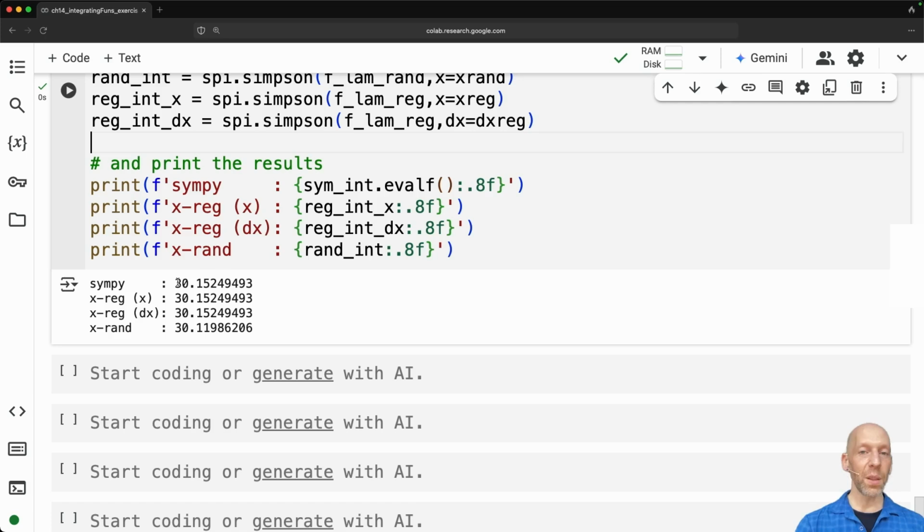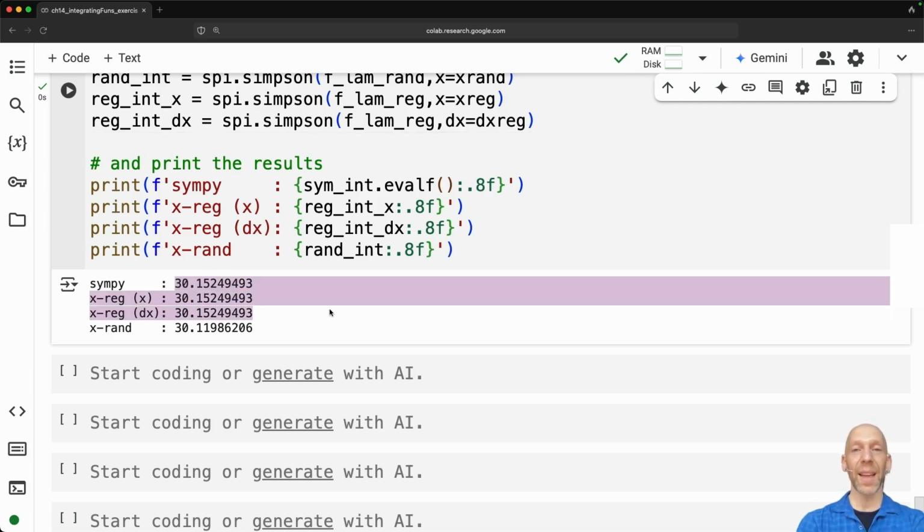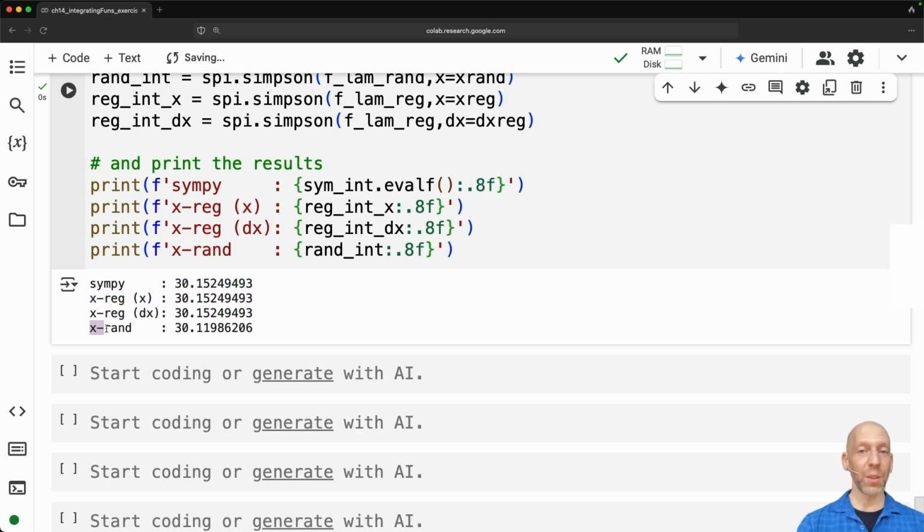Now, these three results here match exactly what I showed in the book because these are based on deterministic calculations. In contrast, the x rand result is going to look different each time I rerun it. Now, in this case, the numerical approximation happened to be a little bit closer to the exact result compared to what I showed in the book text, but that's just random.